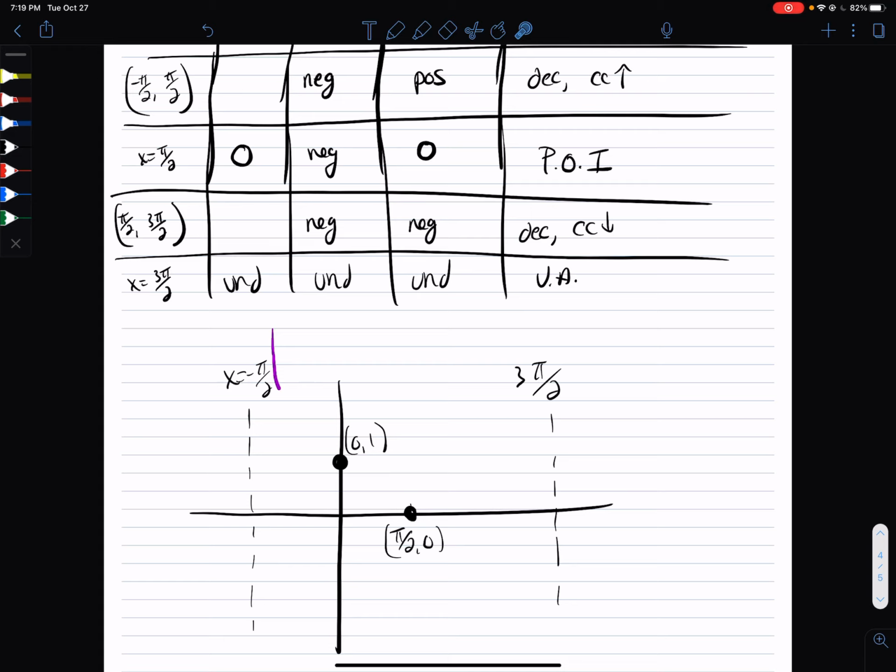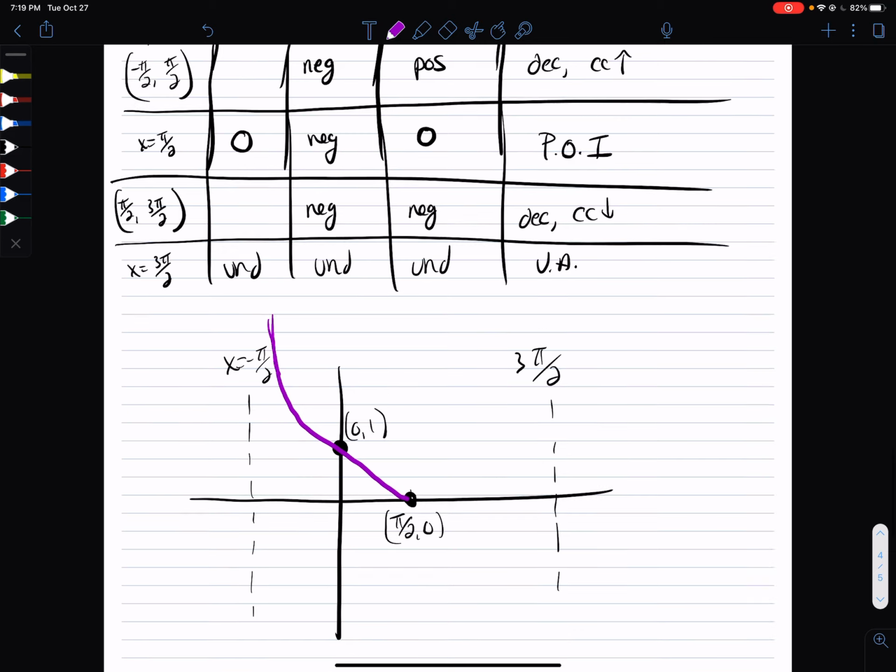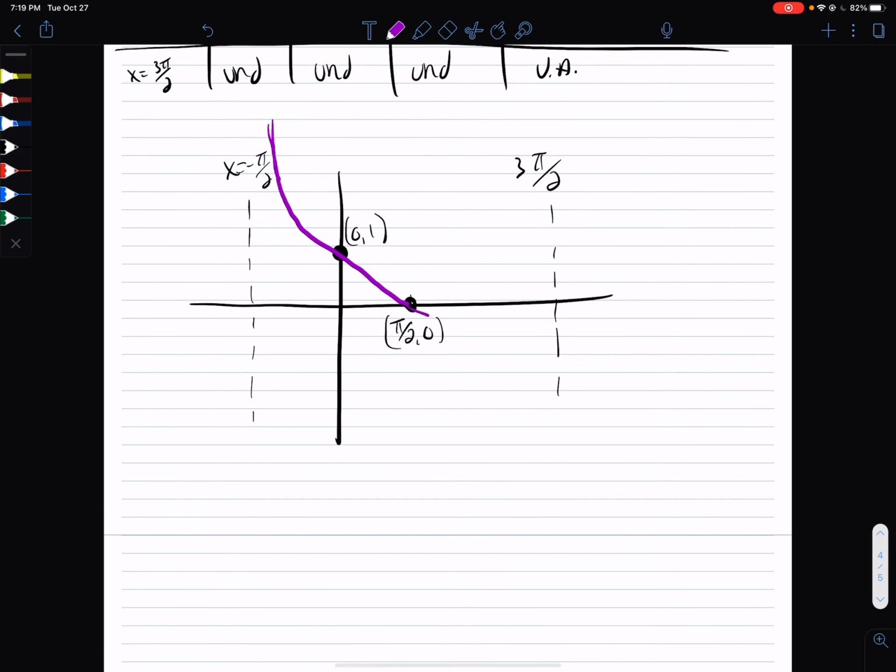Oh, sorry, our point of inflection is pi over 2, 0. Sorry, my bad. That's our point of inflection as well. I was reading the wrong line in my table. So in other words, I need to be decreasing and concave up all the way until I reach that point of inflection. And then after that, I need to be decreasing and concave down.